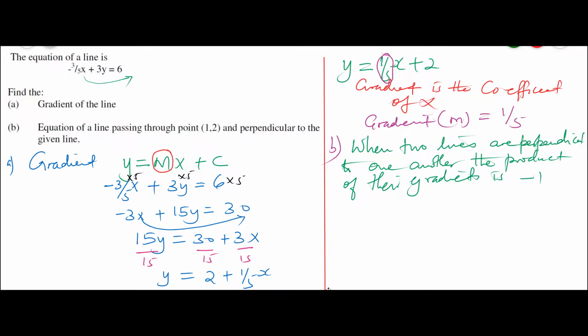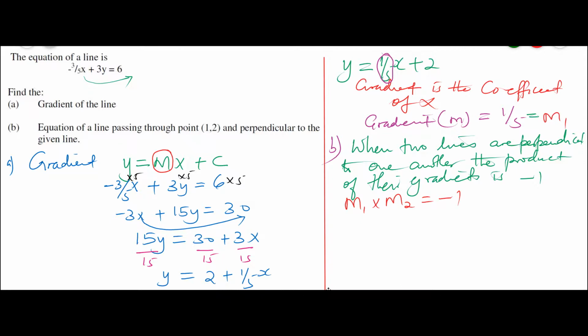Meaning, if I say this one is my first gradient, which I may call m1, and the gradient of this line that is passing through point 1, 2 is m2, if I take m1 times m2, I should get negative 1.